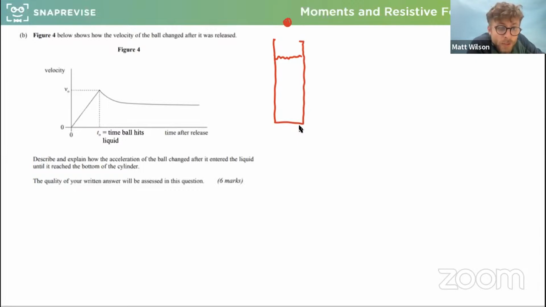The quality of your written answer will be assessed in this question. There's 6 marks here, and we've been asked to describe and explain. So in all likelihood, there's probably 3 things to describe. Each thing will end up explaining. That sounds like about 6 marks worth of answer. So are there 3 things in this graph to explain?